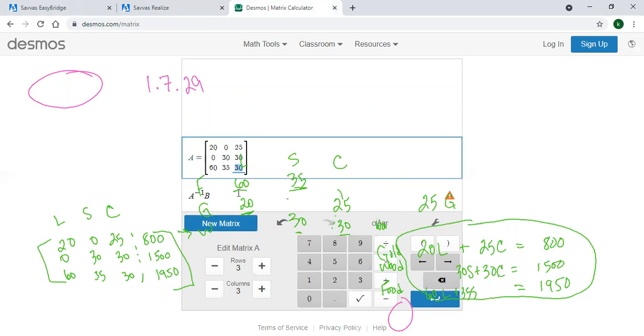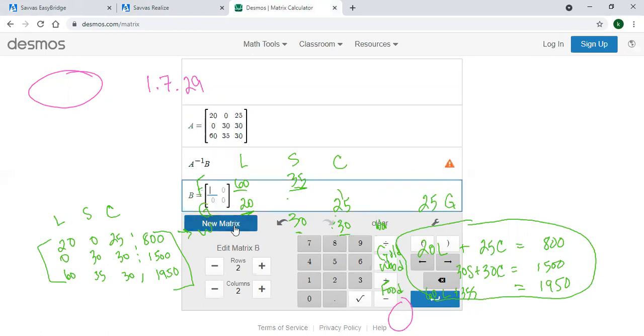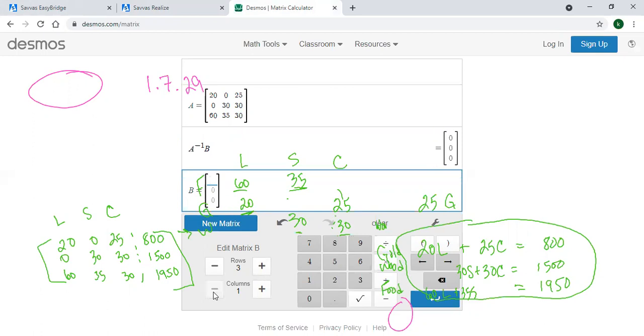Whoops, I lost a matrix. Add the matrix back. 3 rows, 1 column. There we go. Hit delete one too many times. 800, 1500, and 1950.